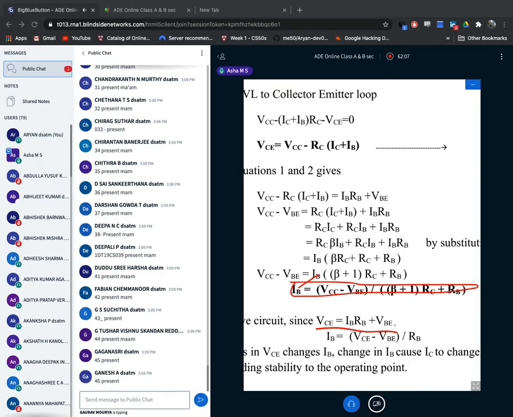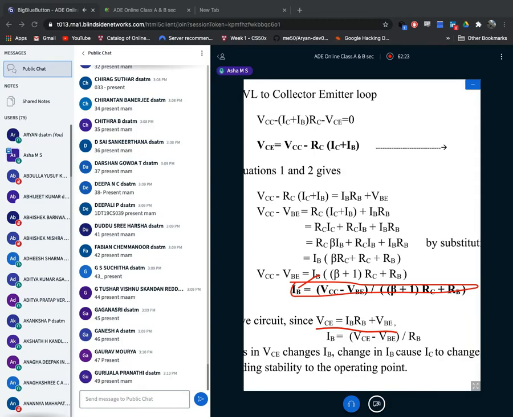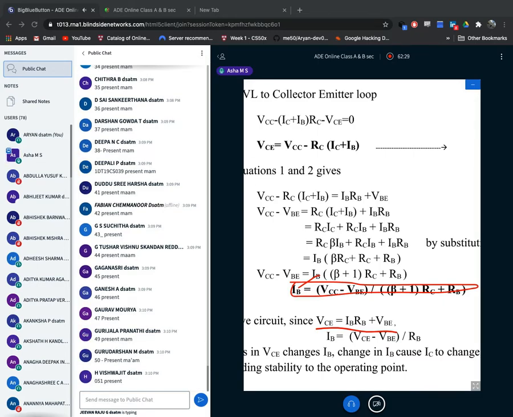Sandeep? 46 present. 47, Sandeep is absent. 48. Sangana Gowda Patil? 48. Saraswat? Sarthak? Sarvesh? 49. 50. Okay. Sahil, 51. Ahmad? 51. Okay, Sheikh, 52. Sahil? 52. Shashank?